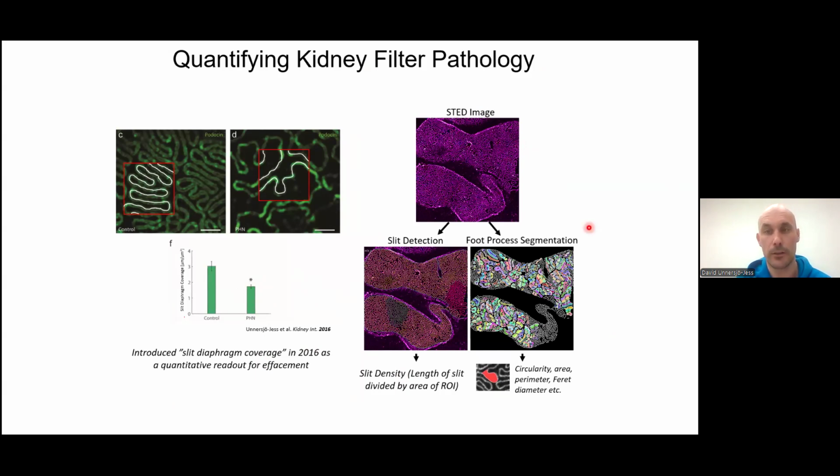That's one of the main advantages of this as opposed to electron microscopy: we can increase the throughput, and we can drastically increase the sensitivity with which we can evaluate these pathological changes in these samples.